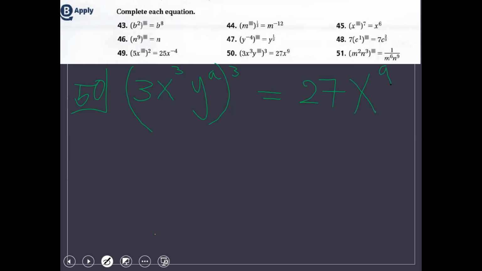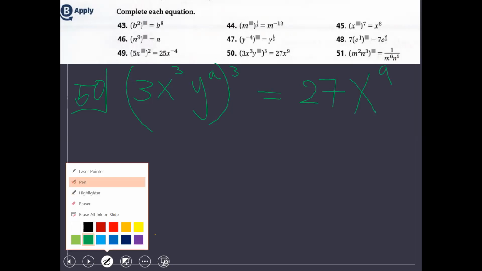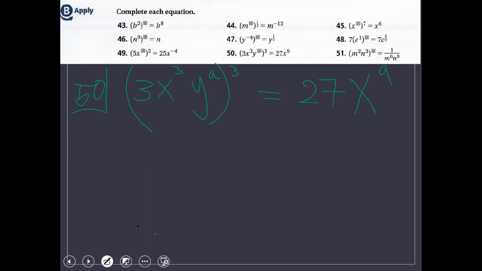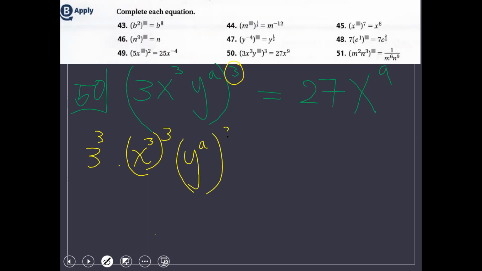The first step, before we find a, is to rewrite it distributed: 3 to the power 3, x cubed raised to the power 3, and y to the a to the power 3 must equal 27x to the power 9.